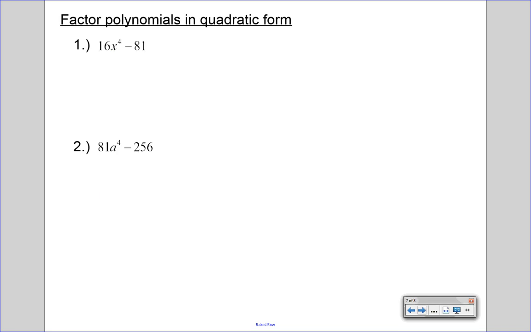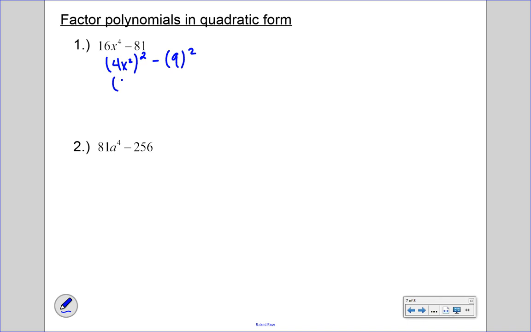We can factor polynomials in quadratic form, meaning we can rewrite these as squares, okay? So 16x to the fourth, if we rewrite it as a square, we can make it 4x squared minus 9 squared. This way we have the difference of two squares, and we can use that pattern to factor this out.